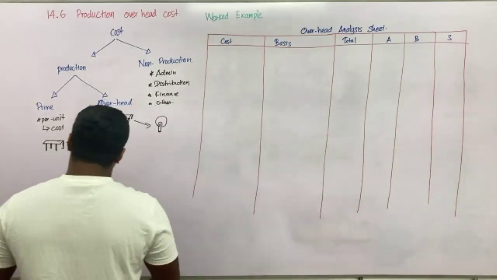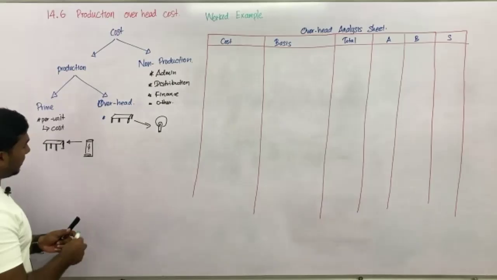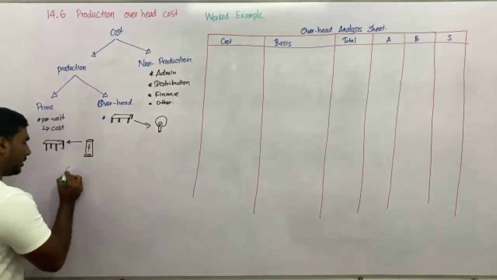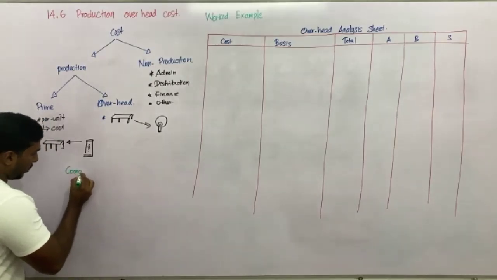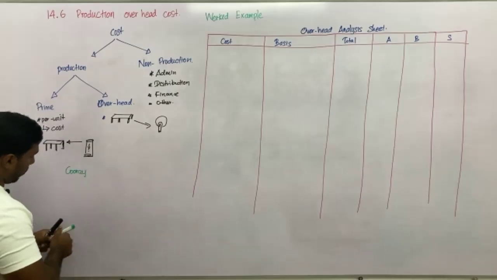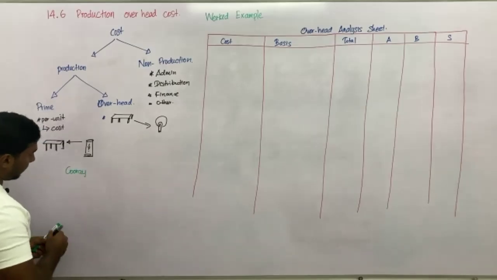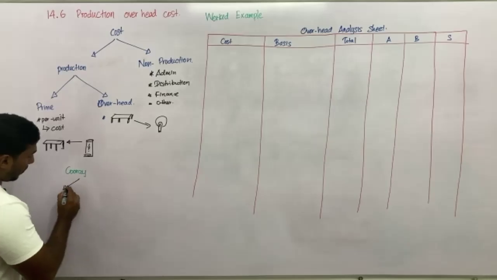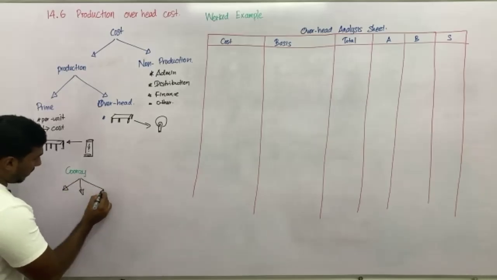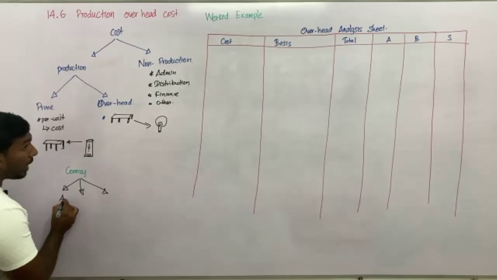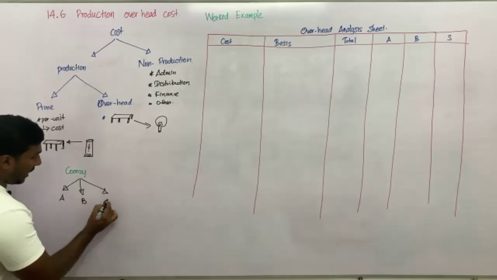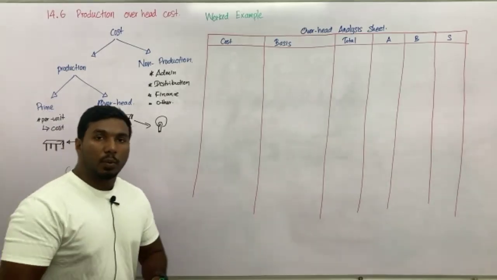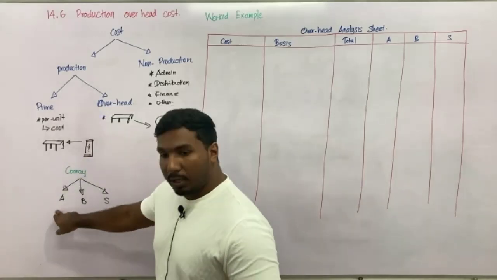Let's think about the Kure company. There are two production departments and one service department: A, B, and S.